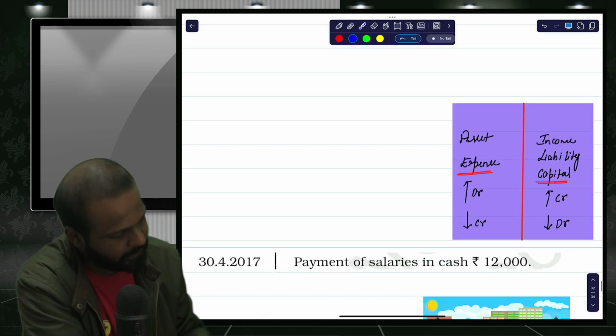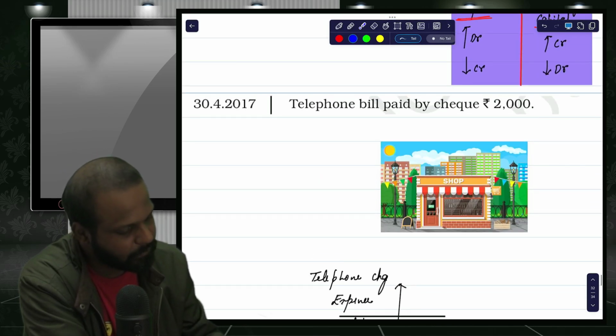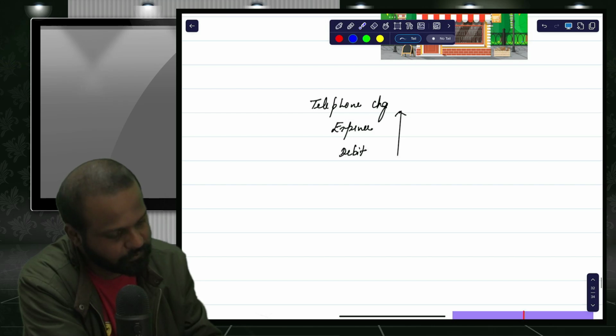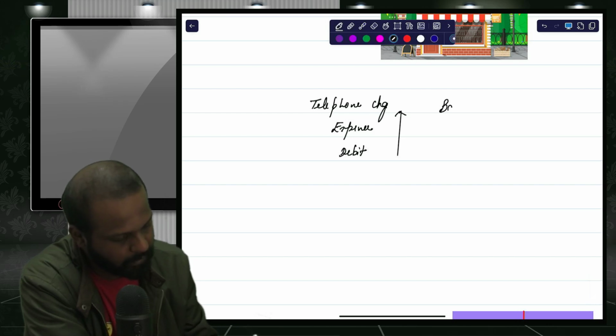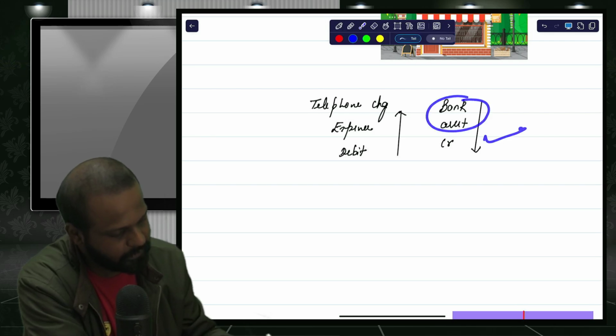To create an expense, to increase an expense, we do debit. And you have paid this money by check, so the bank balance of the business will decrease. Bank balance is an asset. Asset decreases, we do credit.